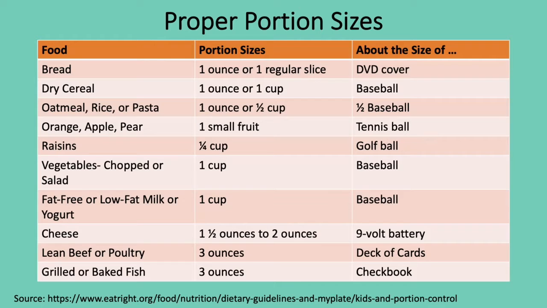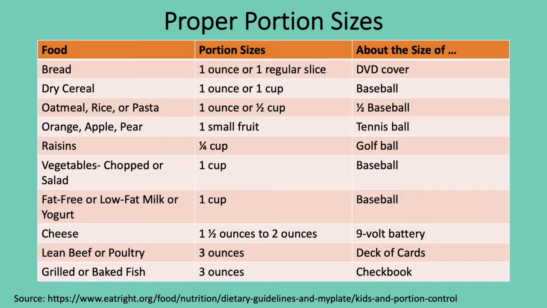Oatmeal, rice, or pasta has a portion size of 1 ounce or 1/2 cup, so about the size of 1/2 a baseball. Oranges, apples, and pears should be the size of 1 small fruit or a tennis ball. Raisins have a portion size of 1/4 cup, which is about the size of a golf ball.